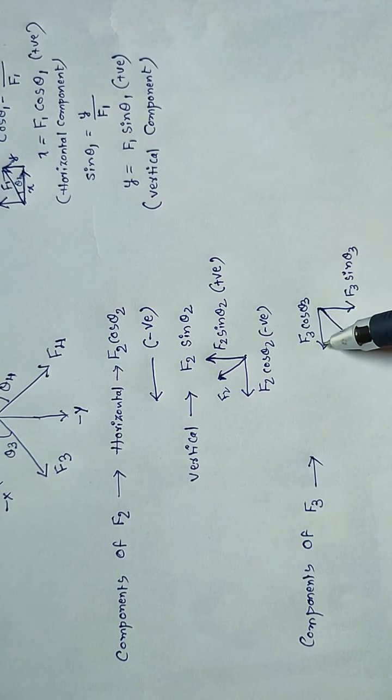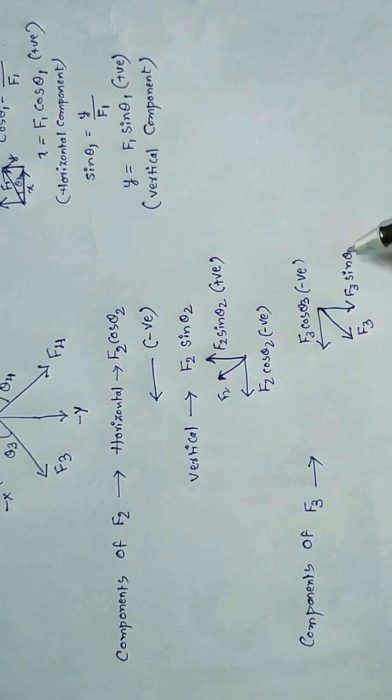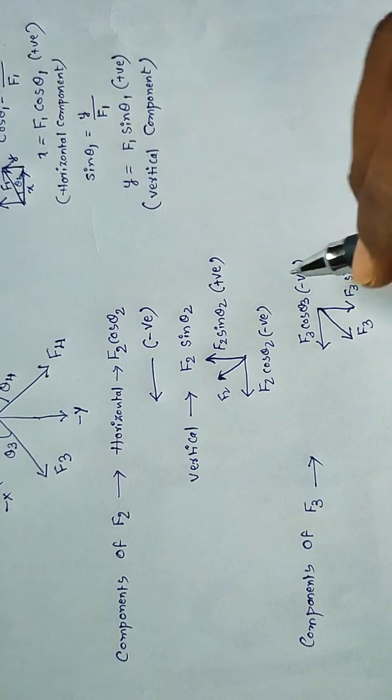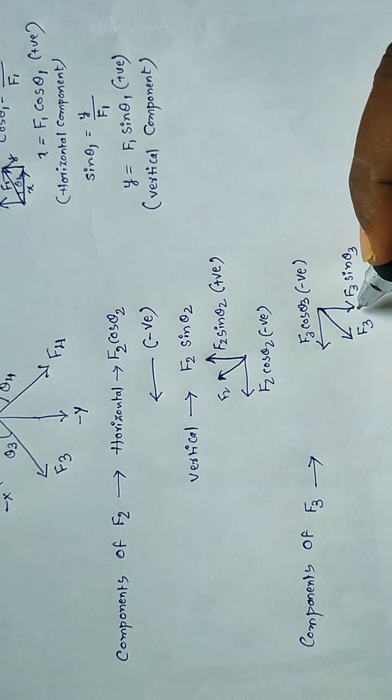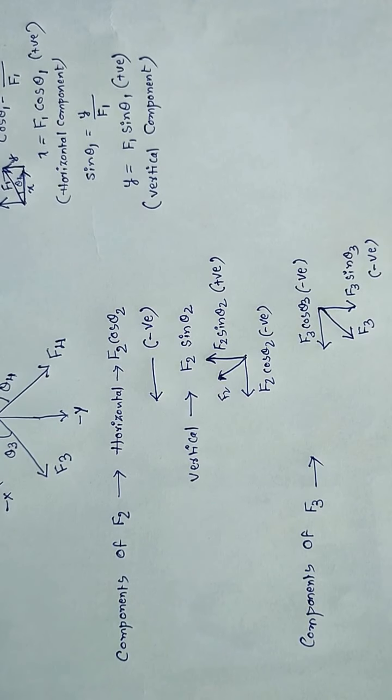F3 cos theta 3 acts in the negative x direction, so this is a negative value. F3 sin theta 3 acts in the downward direction, that means the negative y direction, so this value is also negative.